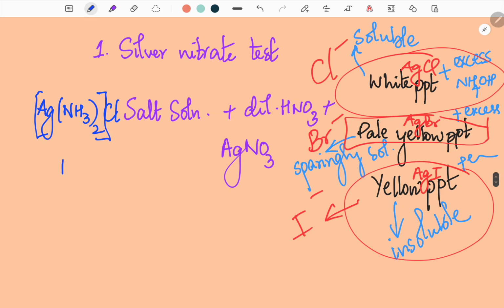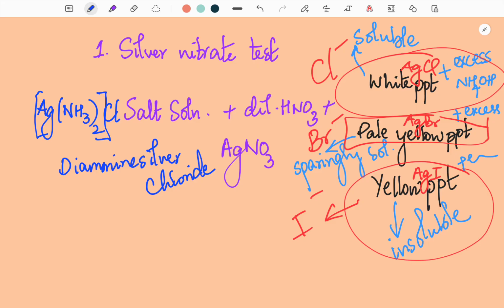So the name of this compound is diamine silver chloride. Diamine silver chloride. That is the name of this soluble complex which is formed, and it is a coordination compound because there is a central metal which is attached to two ammonia ligands, and there is a chloride counter ion.